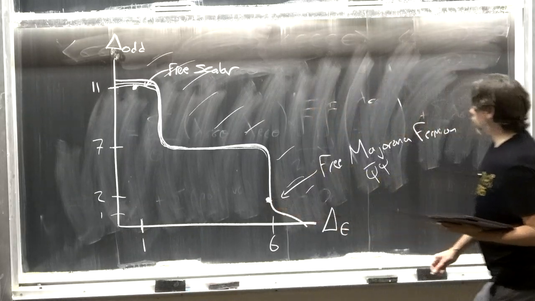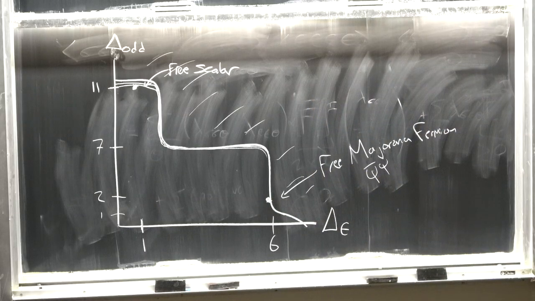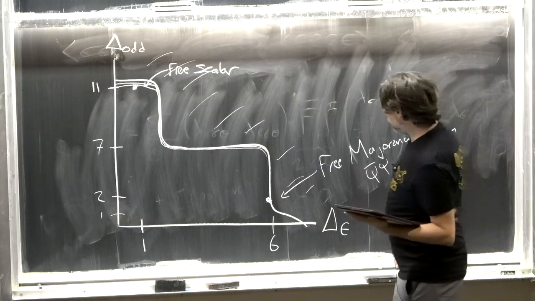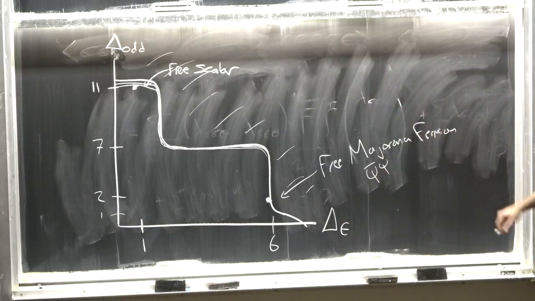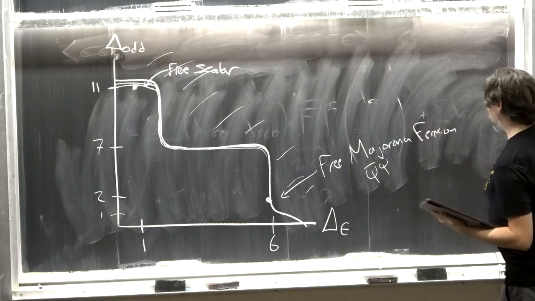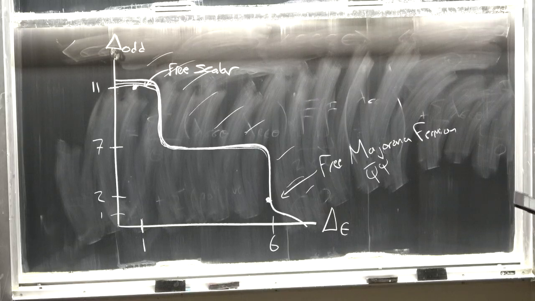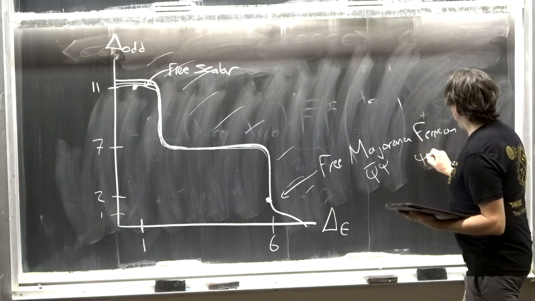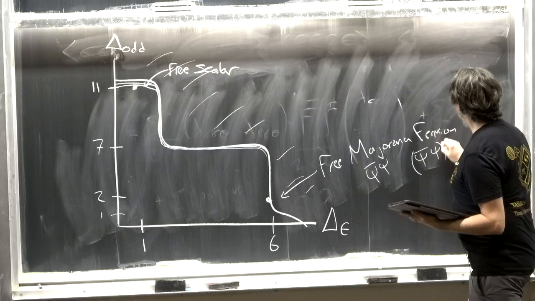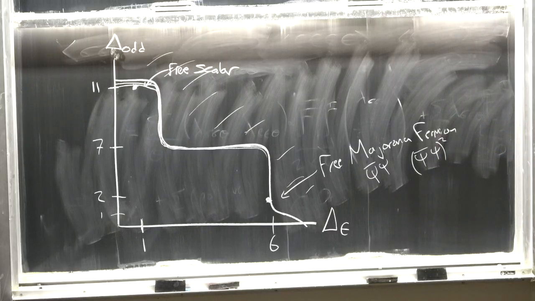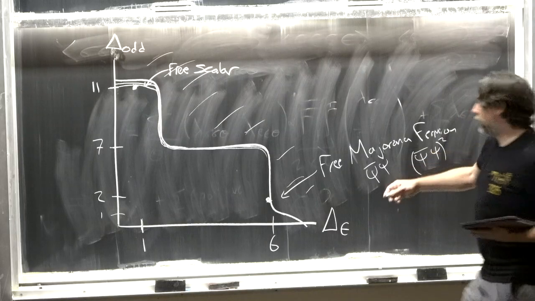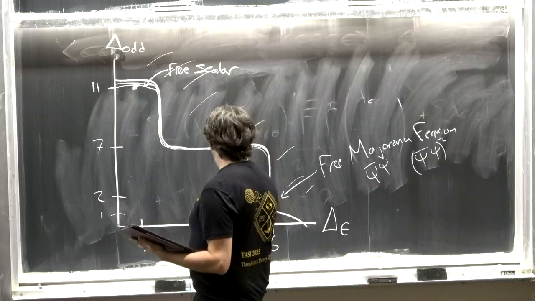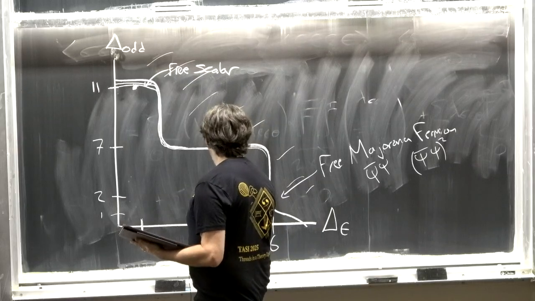And now if you want to construct a parity even scalar, you have to kind of square it or do something else. Now, naively, you would want to just write down this operator, which has dimension 4. That's there in the theory of a free Dirac fermion, so I can go over here at 4.